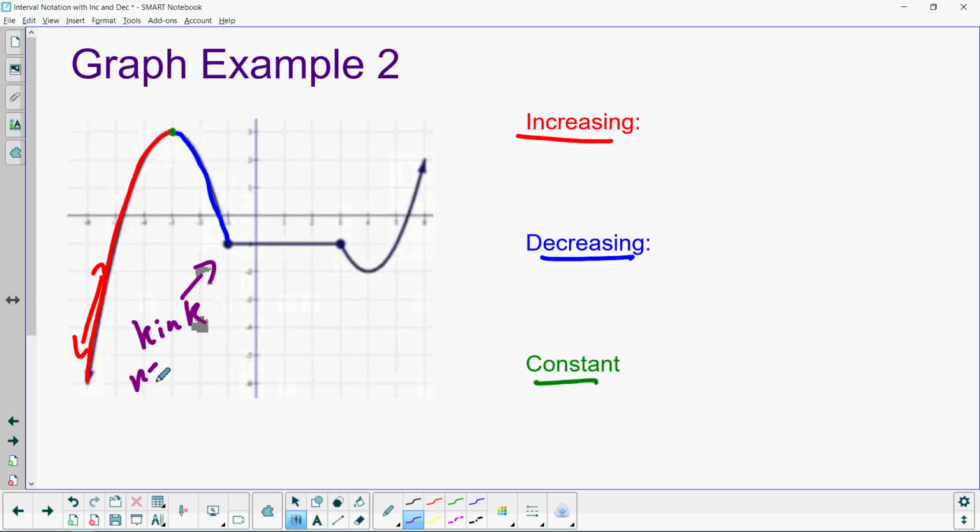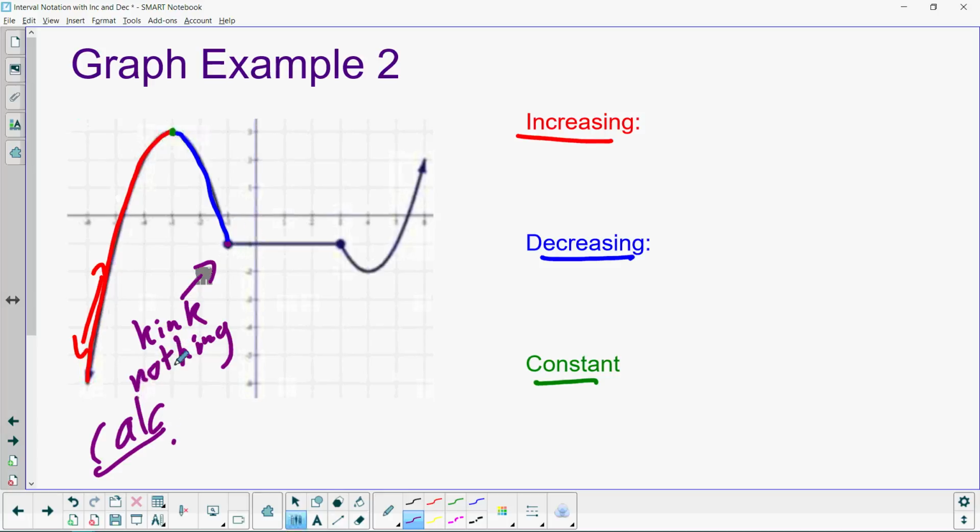There's some calculus stuff here, but we're in pre-calculus. So just take my word for it. We're going to ignore that kink spot. And what I mean by kink is it's going down and then instantly turns into a flat thing. It's got a sharp corner. Sharp corners are bad for math, and we're not going to talk about them. When you take calculus, you'll talk about them.